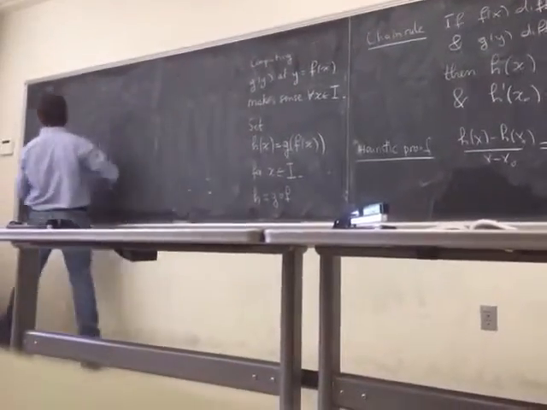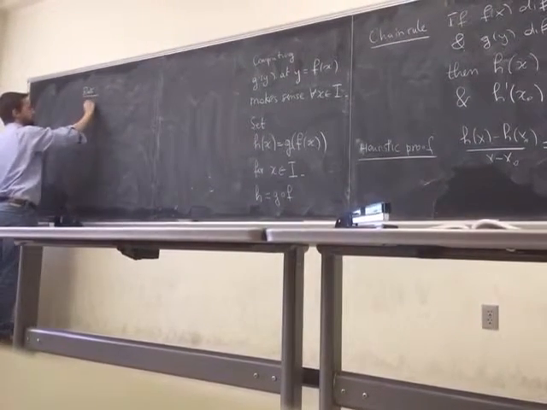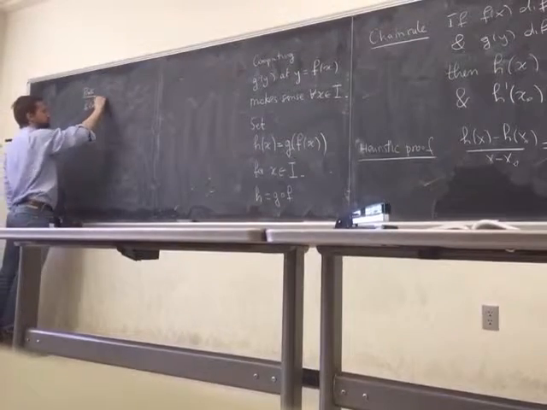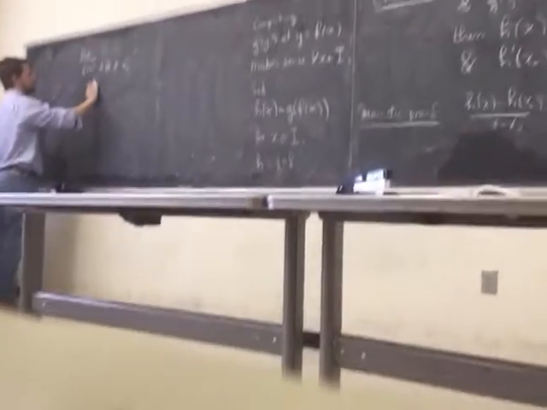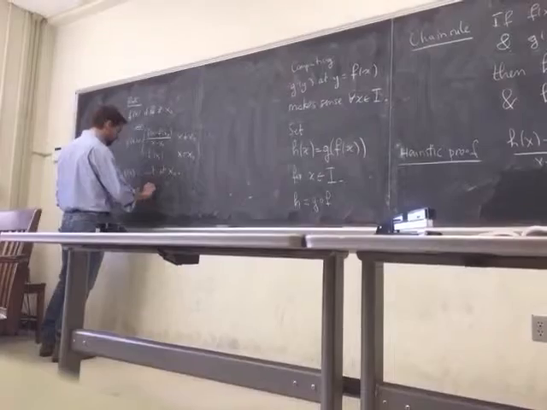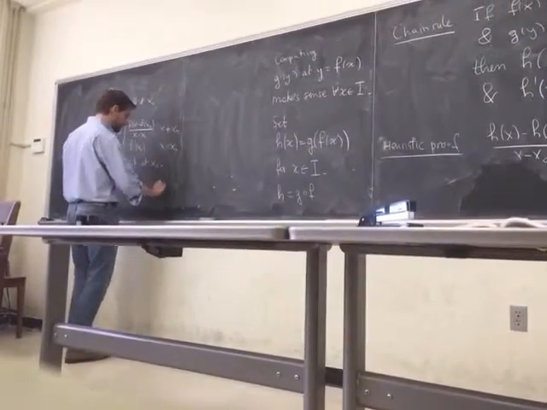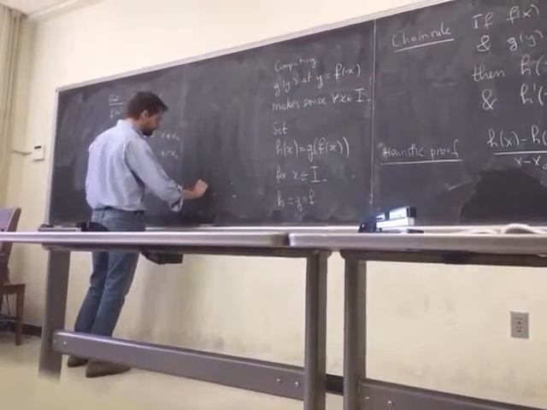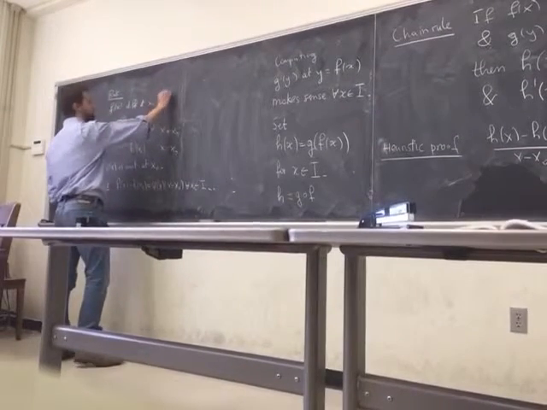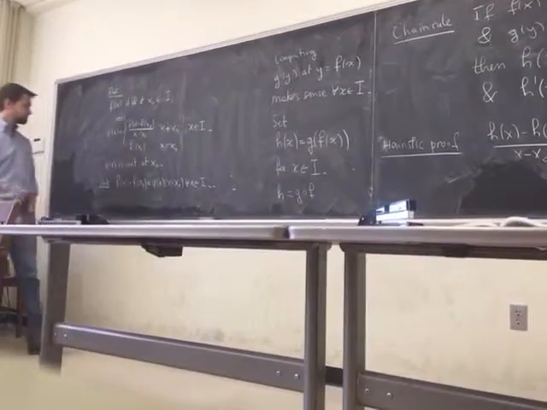So the remark is that if f of x is differentiable at x naught, then f of x minus f of x naught is equal to phi of x times x minus x naught for every point in your interval I.